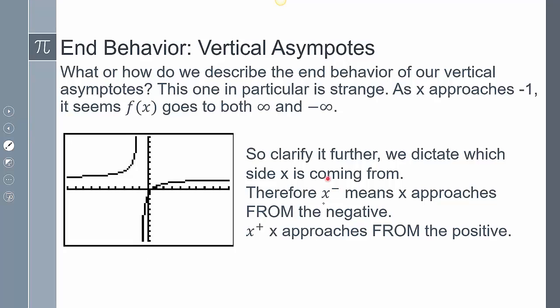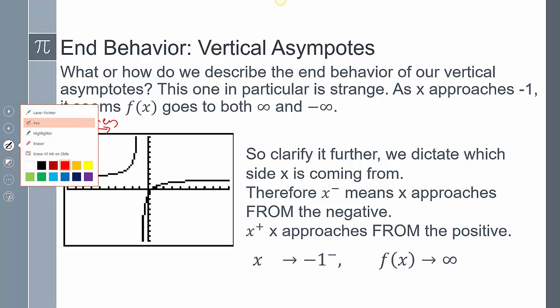A value to the negative means that x is approaching from the negative. If we have a value from the positive, it means that x is approaching from the positive value. So, for example, I can say x is approaching -1 from the negative side. And so that means that we're looking at it through this lens here, where this is going this way, and this means from the negative.